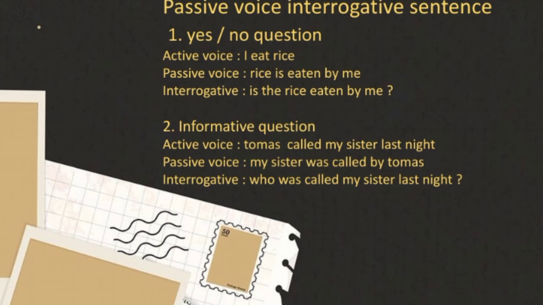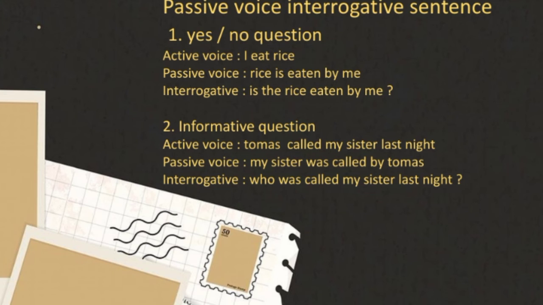And how do we make a question sentence? In the sentence, who called my sister is Thomas. Thomas means a person. Usually in informative questions, if we want to ask about a person, we use who. So we put who at the front of the sentence, and after that, like in the previous step, we move the to be after who, that is "was", and then the past participle or verb 3, that is "called".